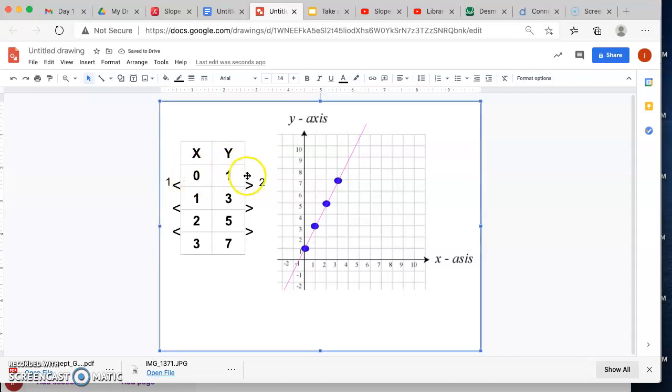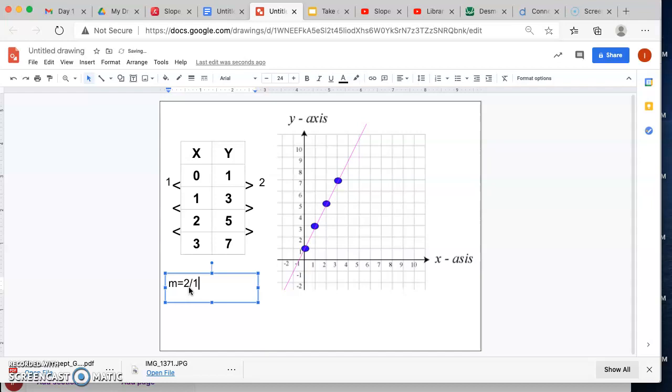So right now, the ratio of my change in y to change in x is 2 over 1. So I'm going to say m equals 2 over 1. Now I can simplify that because 2 divided by 1 is just 2.